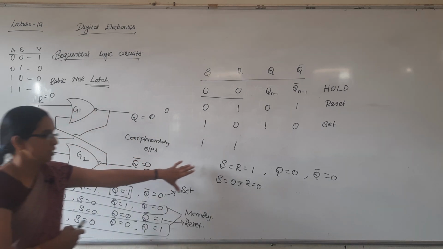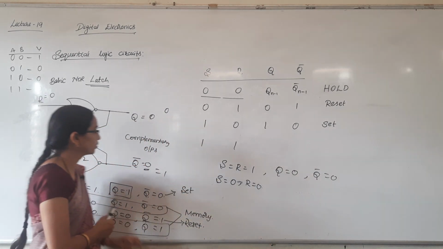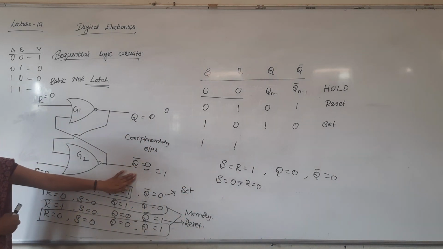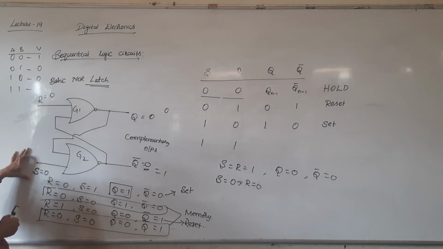When S is equal to R is equal to 1, both are trying to be 0 0. When Q is 0, Q bar is 0, we made both 0 0.